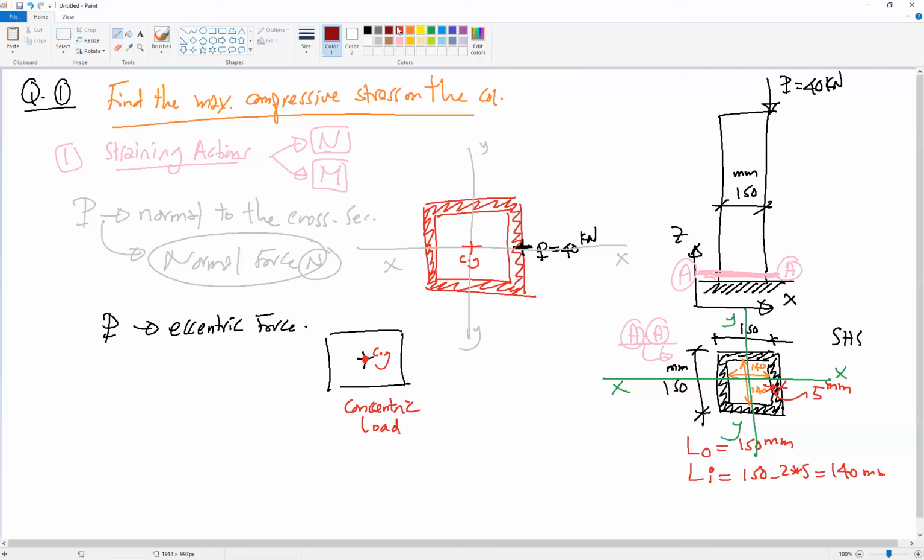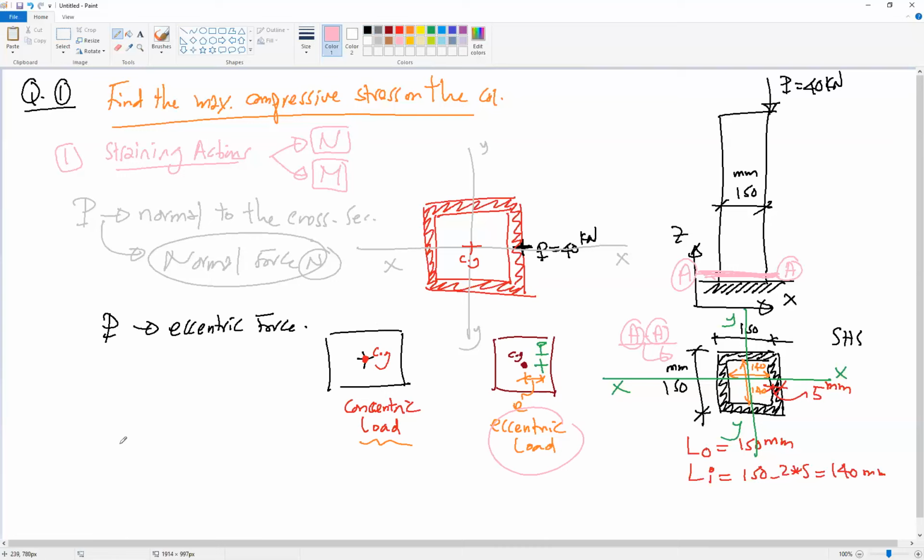But if the load is far from the CG, if this is the CG and the applied load is somewhere here, this means that there is a distance E between the CG and the load. This means that the loading is eccentric loading. With concentric loading, only the force is causing stresses on the section. But if the column has eccentric loading, how can we deal with this?